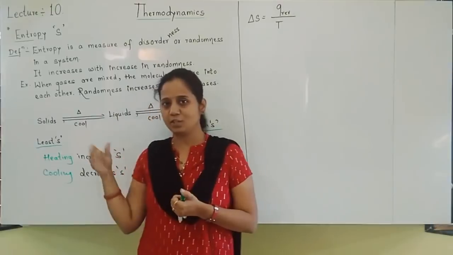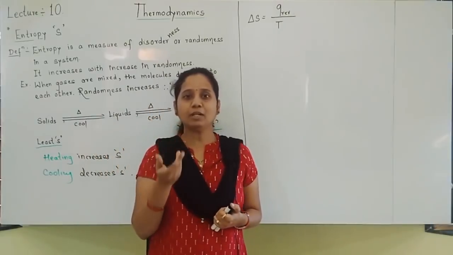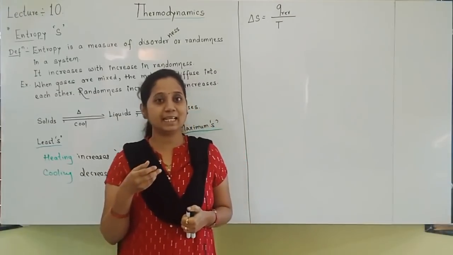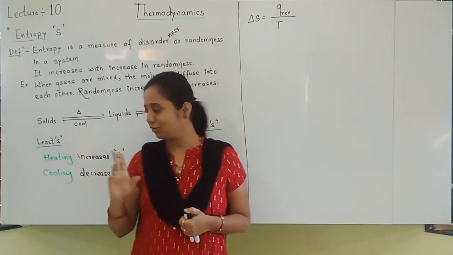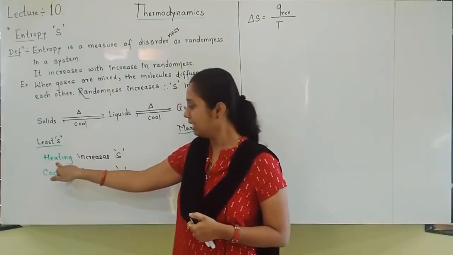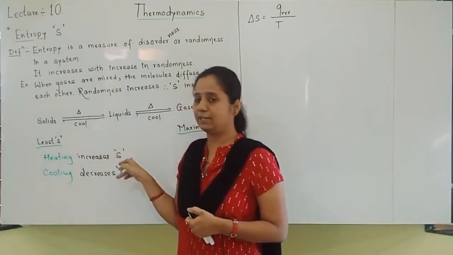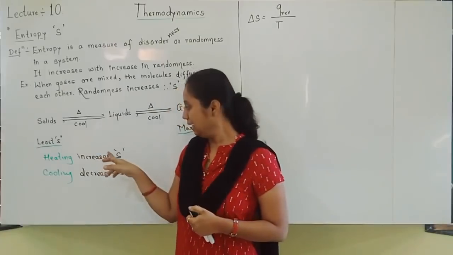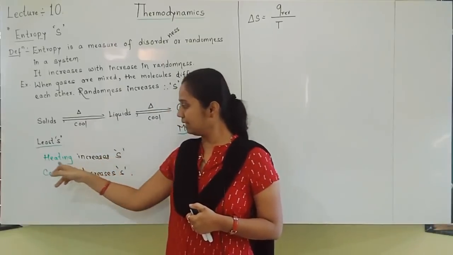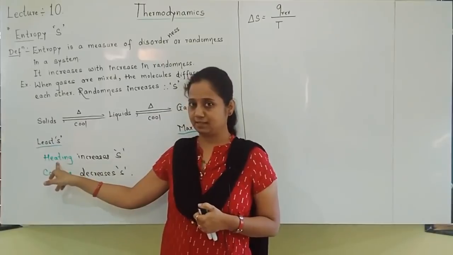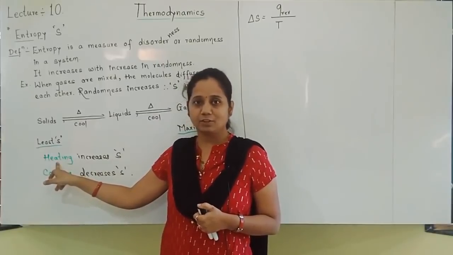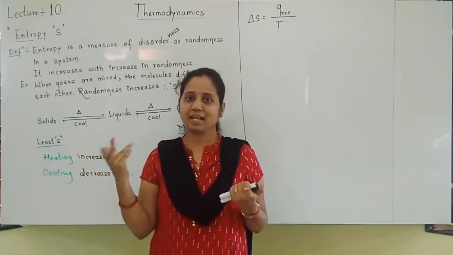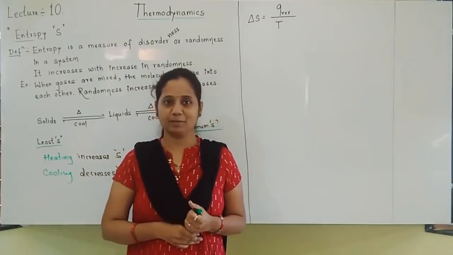Very easily, just now you understood that more heating, entropy will be more, because heating increases randomness or disorderness. Here we have already written that heating increases entropy. So we can conclude that entropy is directly proportional to heat. More the heat, more movement, more disorderness, and that's why more entropy.